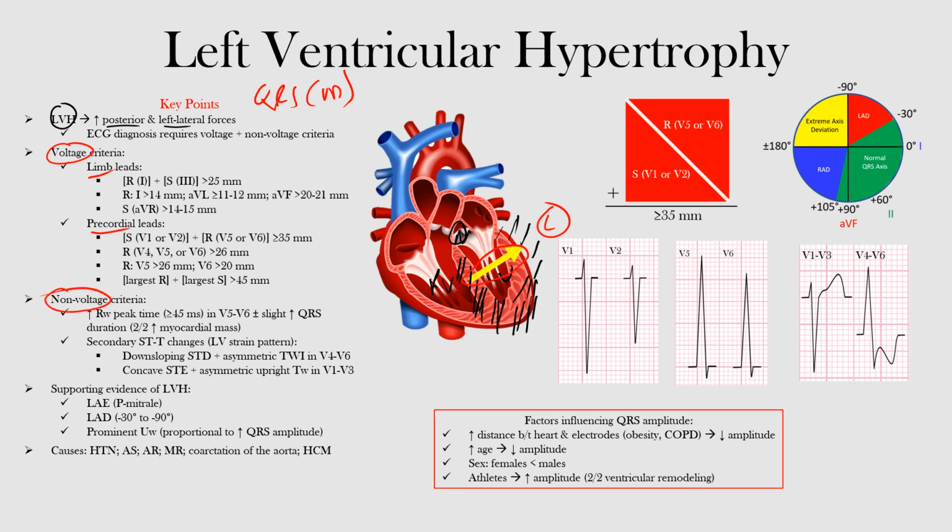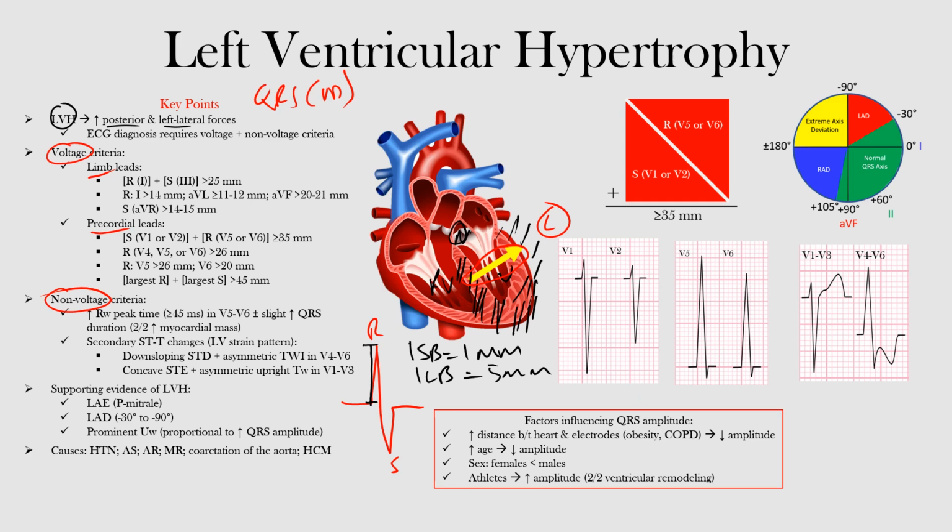In the voltage criteria, in our limb leads, we're going to look for an R wave in lead 1 plus an S wave in lead 3 that's greater than 25 millimeters in amplitude. Again, just so you're aware, this is our R wave, this is our S wave. What you're doing is counting the small boxes, and remember, each small box equals 1 millimeter and one large box equals 5 millimeters.